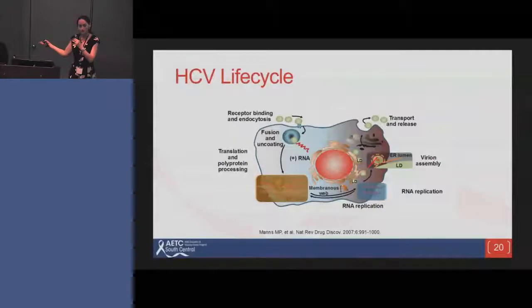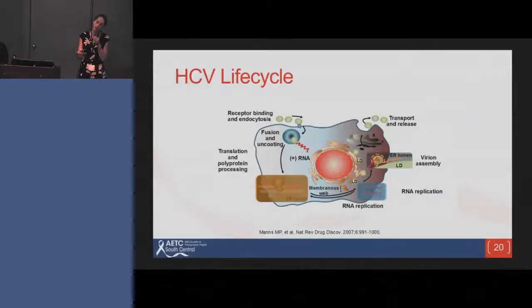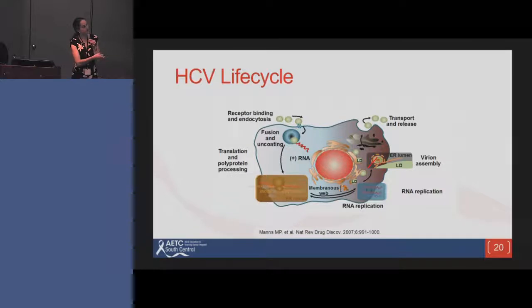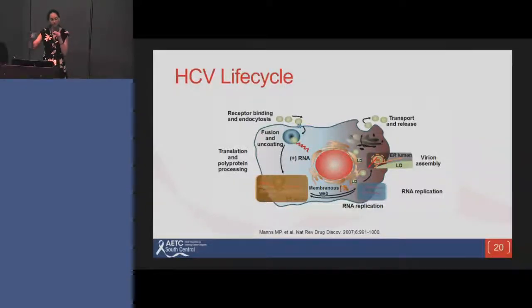These proteins help form the structure of the virus. The RNA will also undergo replication using its own enzymes, and together the RNA and the proteins will be assembled into the virion. Once the virion is assembled, the viral particle will be released from the cell, and it goes on to infect other cells.